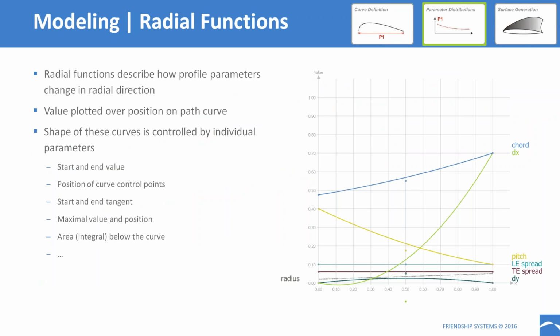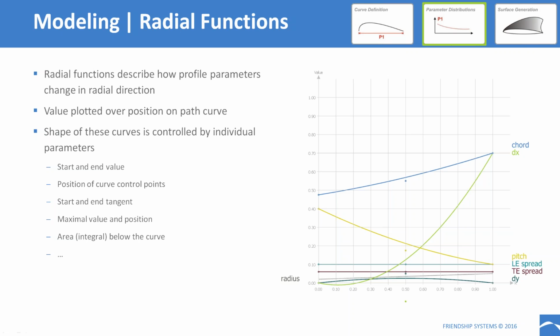And now, as I mentioned before, we set up some distribution functions that describe how these parameters change in the radial direction of our fan. So we can see here in the picture the values of the different parameters plotted over the radial position. For example, this is the chord, which from the hub to the tip increases, or the pitch is decreasing, and so on.